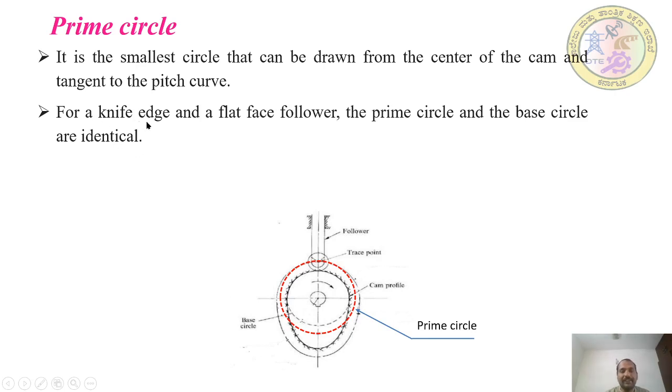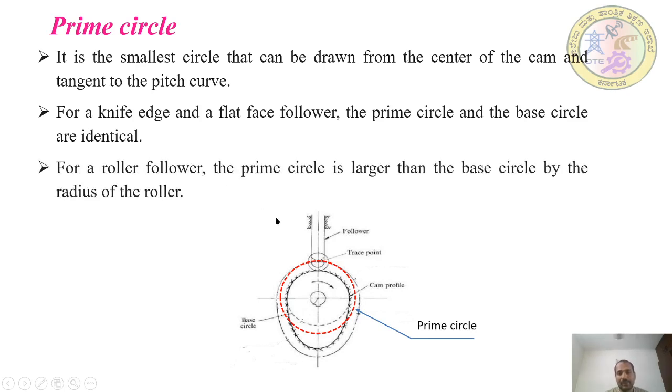For a knife edge and flat face follower, the prime circle and the base circle are identical. They are same. But for a roller follower, the prime circle is larger than the base circle by radius of the roller.